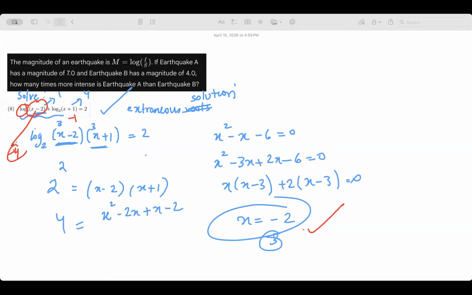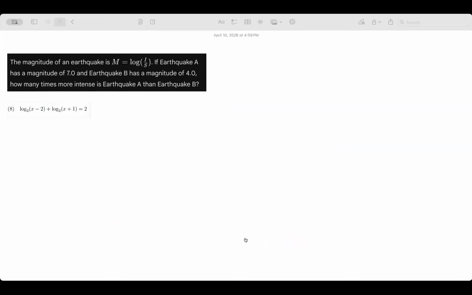Log of a negative number you cannot have. So this is an extraneous solution. So the only solution is x equal to 3. Any questions on that? Okay, as long as you're able to remove it, I'm fine. So that is quite important in logarithmic function. We'll do one more and then disperse.